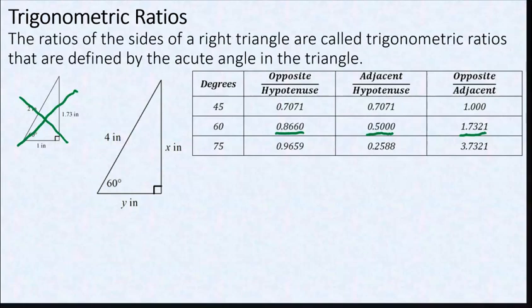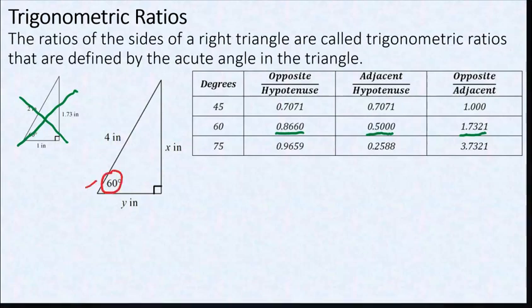I can just use those ratios. And factually, it was recently discovered that the ancient Japanese, in fact, used these ratios to build their castles. And they weren't the only ones. The entire planet is built on these ratios. So let's take a look at how to use them.